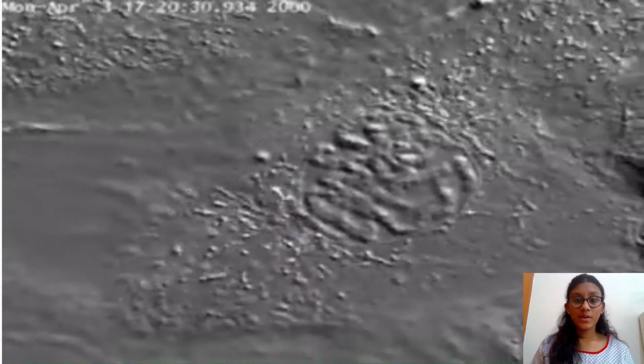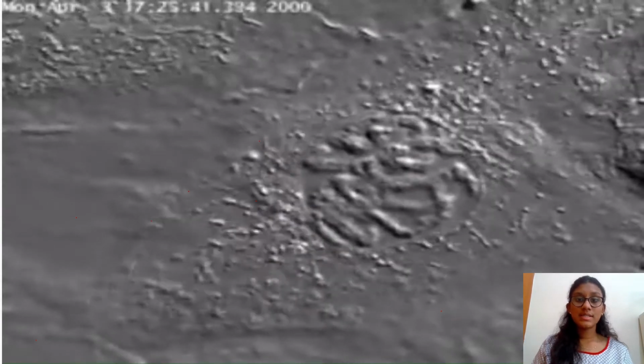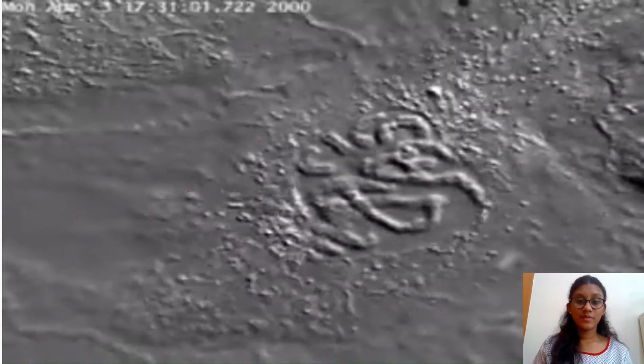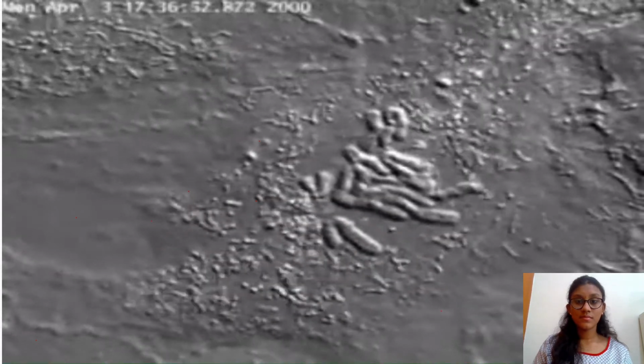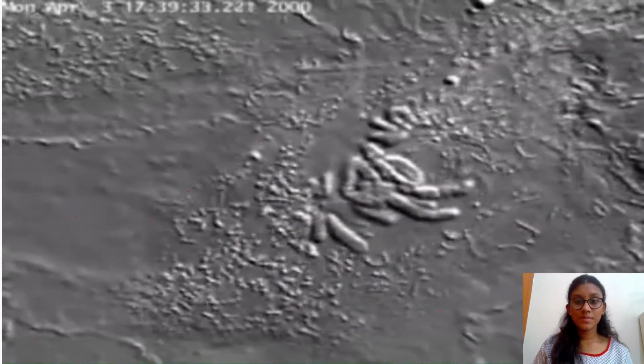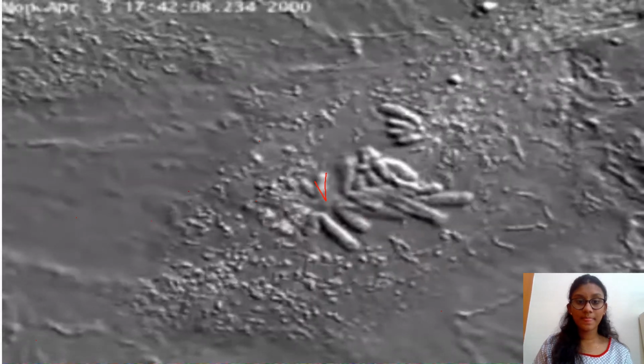Now in this video, you can see the cell dividing into two different cells. So these are the chromosomes that are being separated.